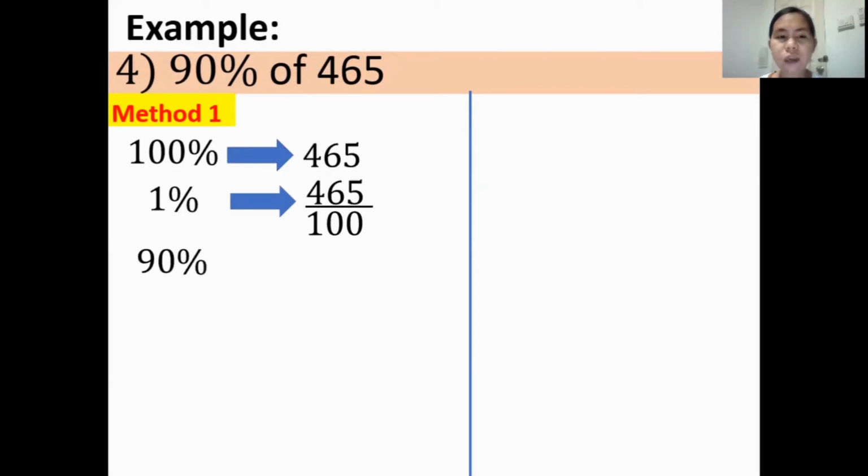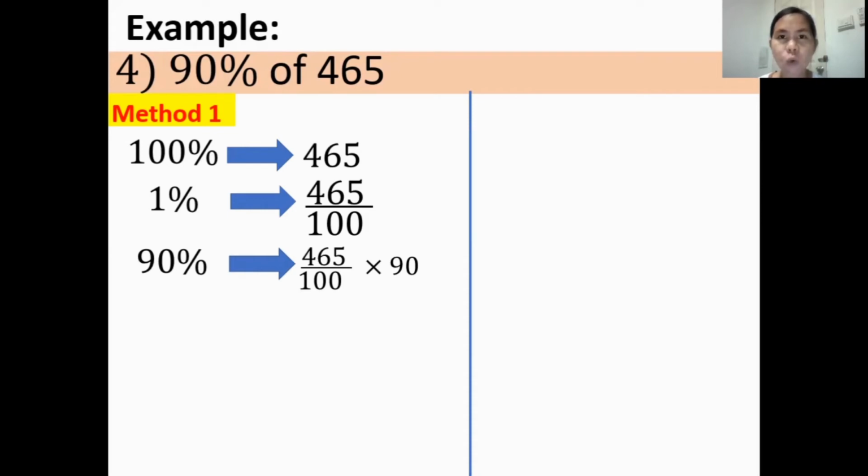With this, we can say that the 90% is equal to 465 over 100 times 90, because we already get the 1% of 465, which is 465 over 100. So we need to multiply it to the 90%, so times 90.